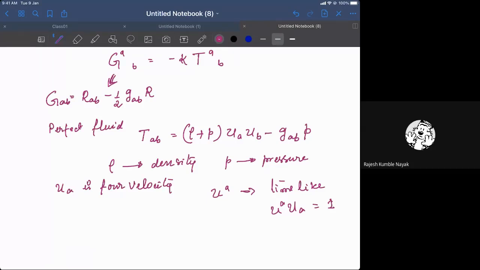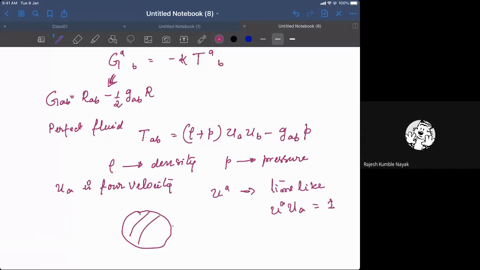So this solution is useful for the relativistic star. You could impose spherical symmetry for the spherically symmetric star. You could have a rotating star, but it gets complicated. In the spherically symmetric star, you can show that the exterior vacuum solution is Schwarzschild. The interior solution is also called the Schwarzschild interior.